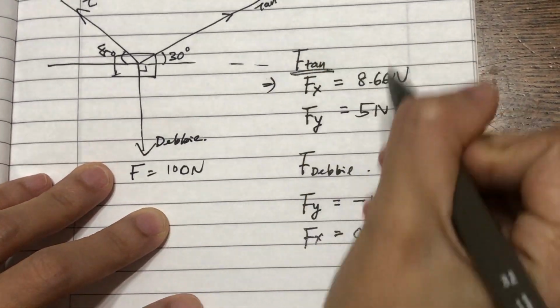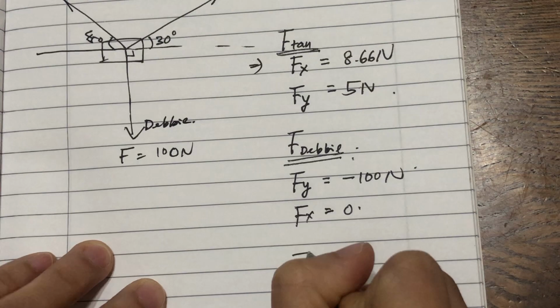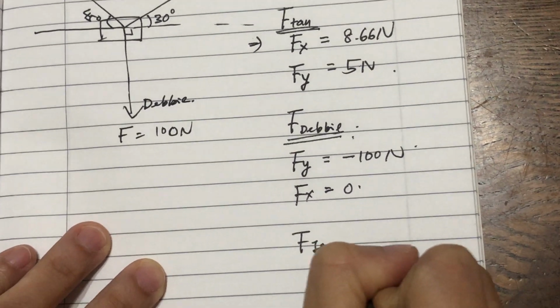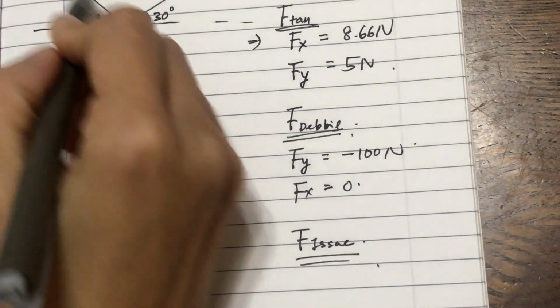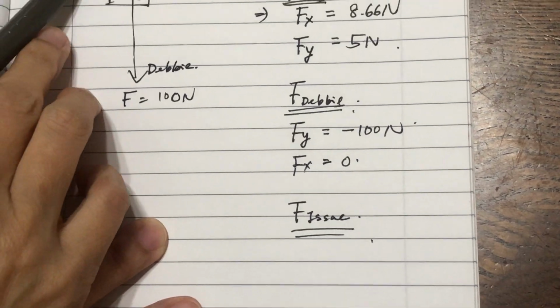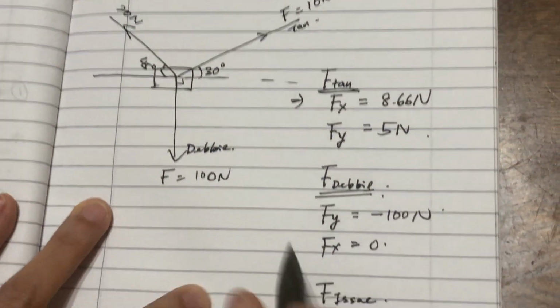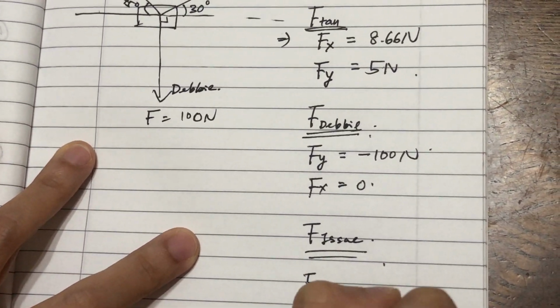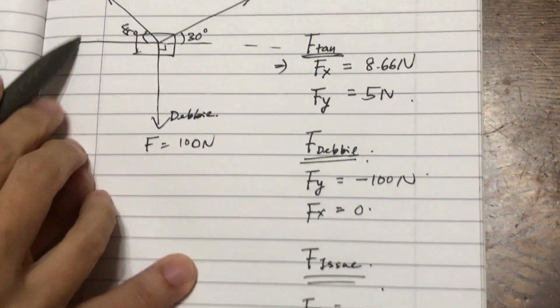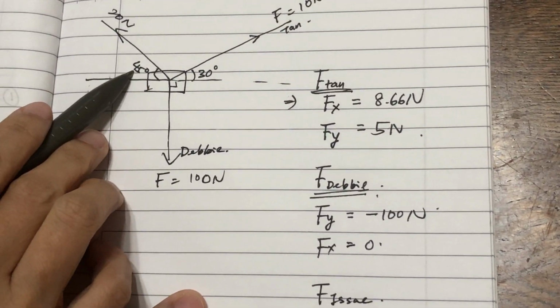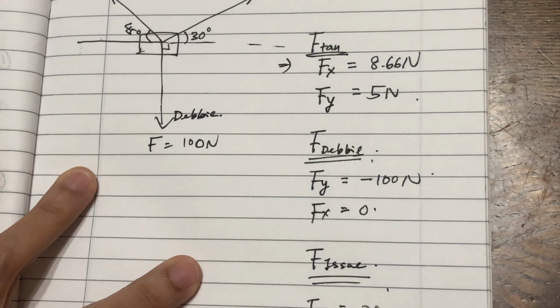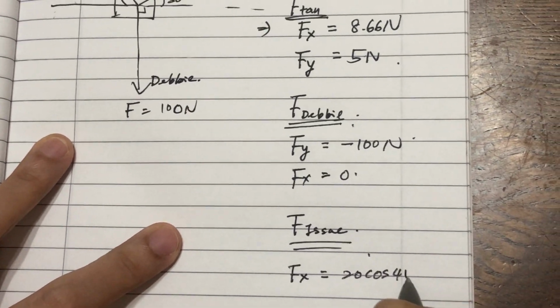So Tan is settled, Debbie is settled. Now we go to Isaac. Isaac also has an x component and a y component, right? So we have to calculate the x component for Isaac. X will be this side, beside the angle, so we use cos. So 20 cos 45.